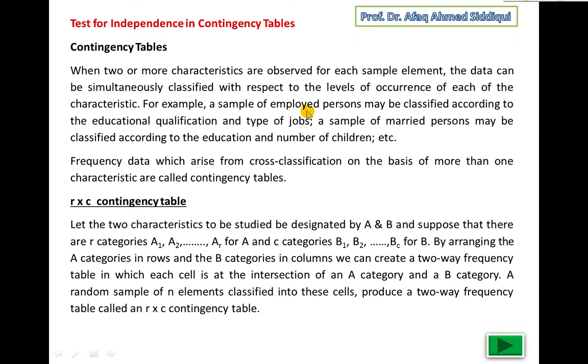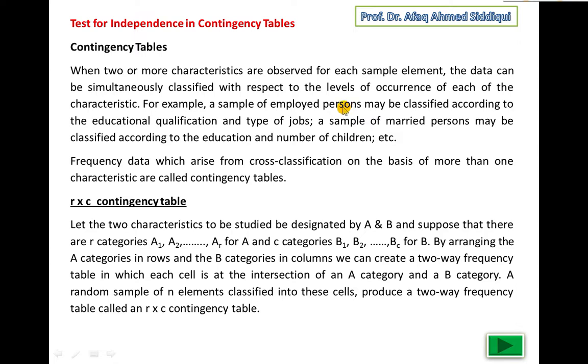For example, if you collect the data of employed persons, a sample of employed persons may be classified according to educational qualification and type of job.